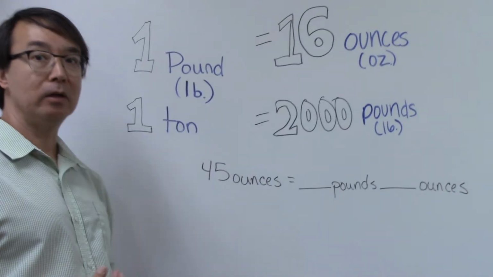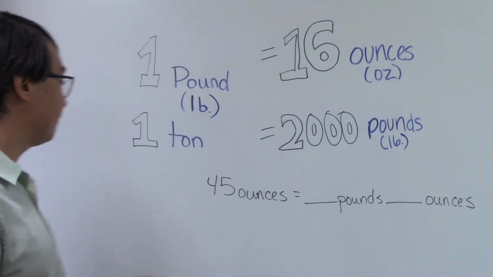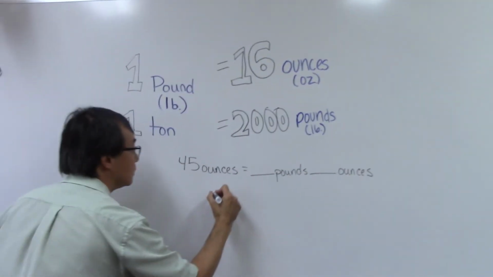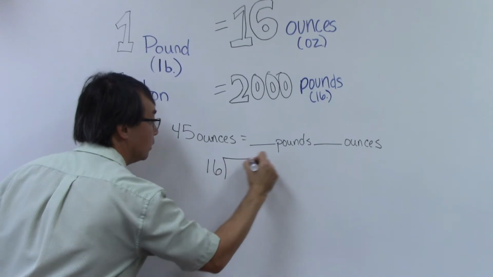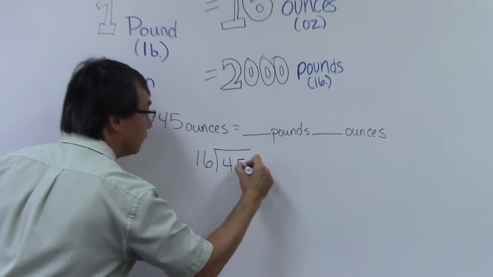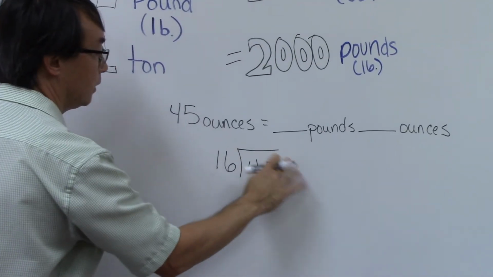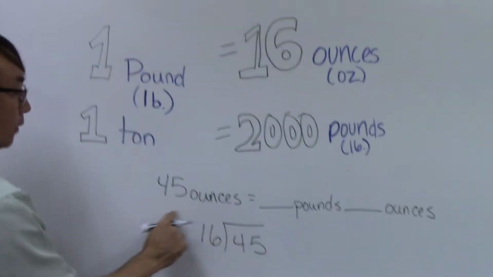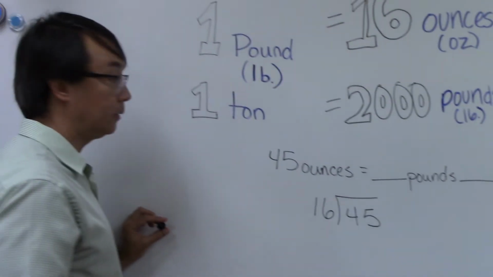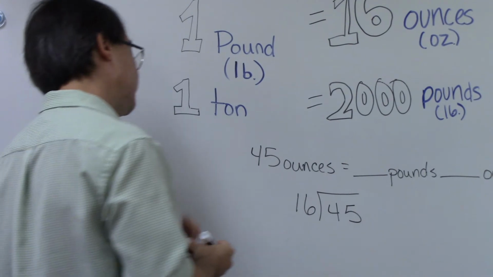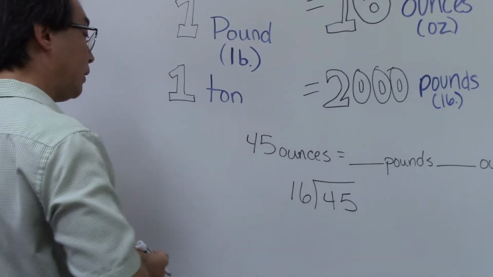So all we have to do is figure it out. All you have to do is divide 16 into 45. I got my 16 from here, my 45 from here. How many times does 16 go into 45?